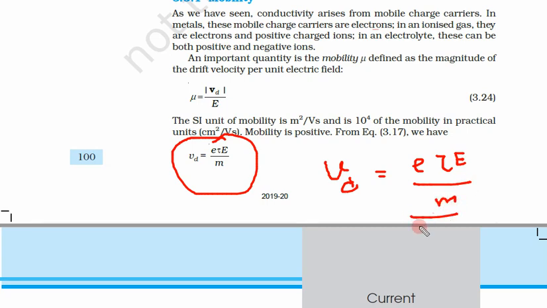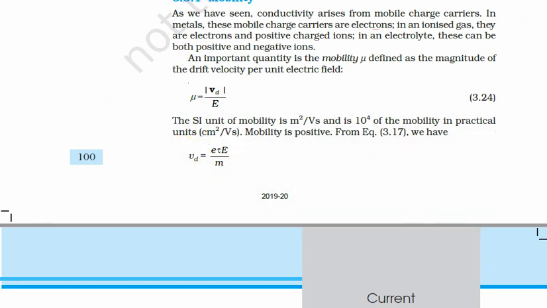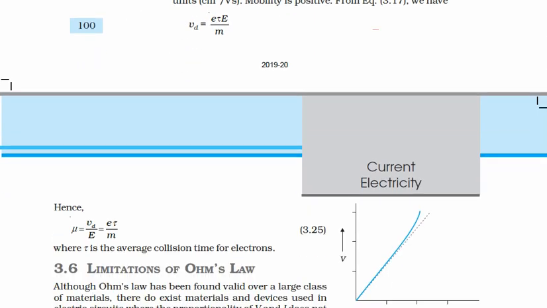This is the mobility. Again, there is no direction, only the magnitude. So the magnitude of mobility is E tau by m.